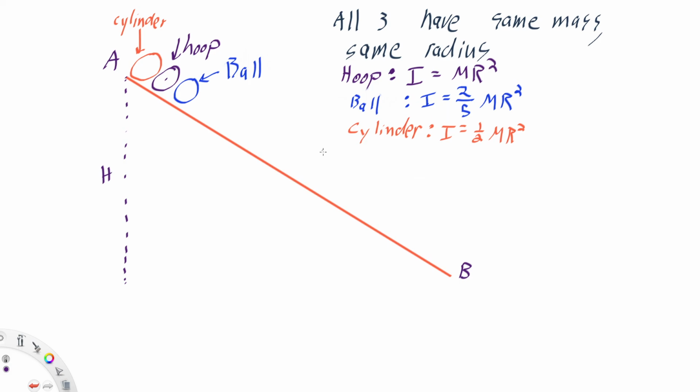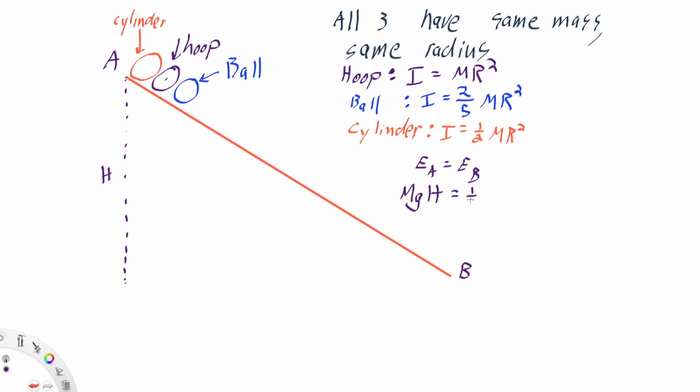So the energy at A equals the energy at B. We have mgh equals, at the bottom, translational kinetic energy because they're moving, but also rotational kinetic energy because they're spinning.